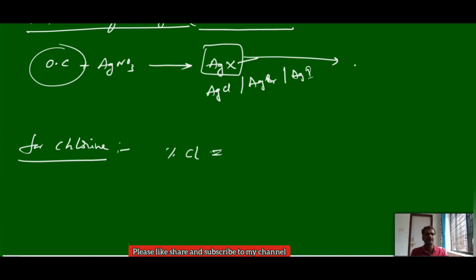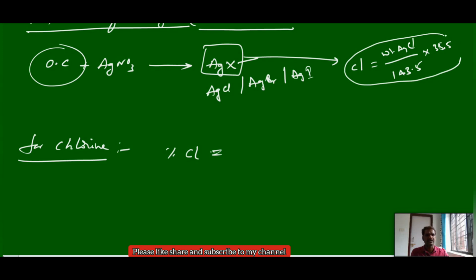How to identify? Weight of chlorine is equal to weight of AgCl formed by molecular weight of AgCl. What is the molecular weight of AgCl? Silver 108 and chlorine 35.5, so you will get 143.5, into the atomic weight of chlorine, 35.5.